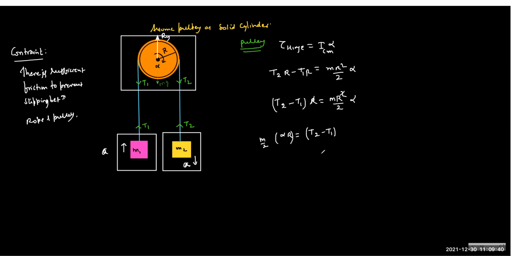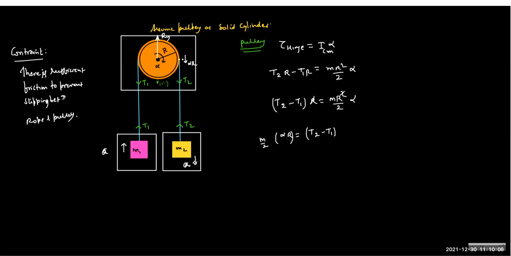Now you may ask, sir, why have you written alpha R together? Because now the time has come for the constraint. What is the constraint relation? This point is going down with what acceleration? Alpha R, correct? Because this point will have the tangential acceleration alpha R. And the block M2 must go down with the same acceleration because the string is inextensible.